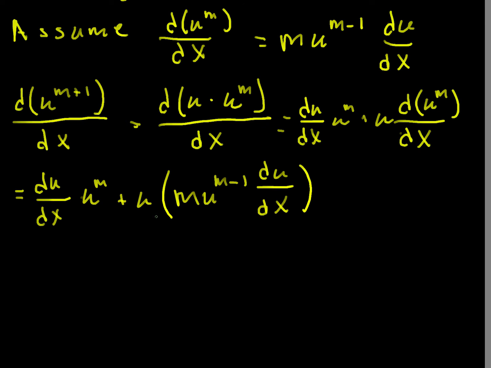And so we have m plus 1 times u to the m du/dx. We've shown by our algorithm that we can always get the next power's derivative if we know the previous one, and we've shown we can do it for 1, 2, 3, and 4. So this is enough to hopefully convince you, and it definitely convinces a mathematician, that this is a valid rule for dealing with powers, at least positive powers.